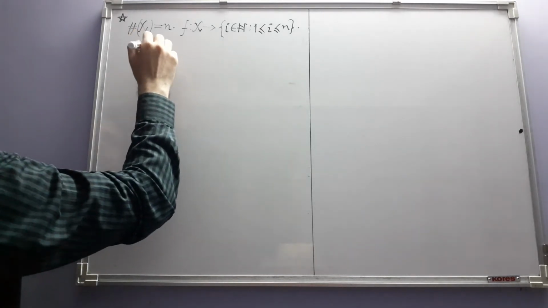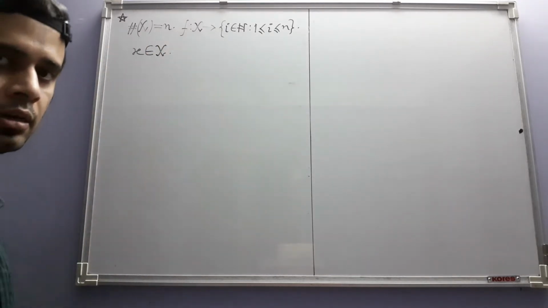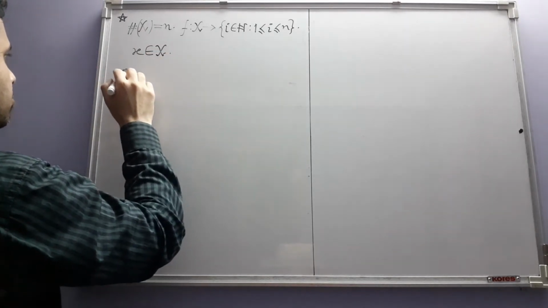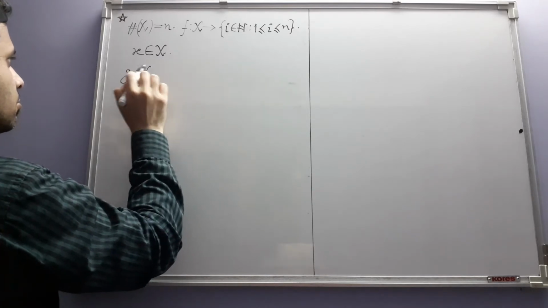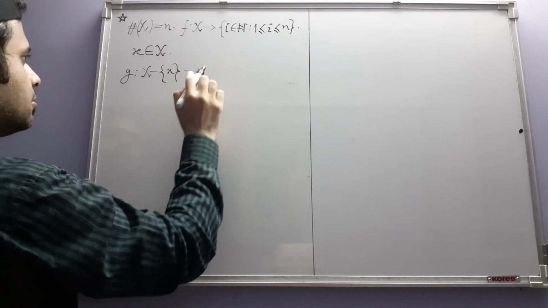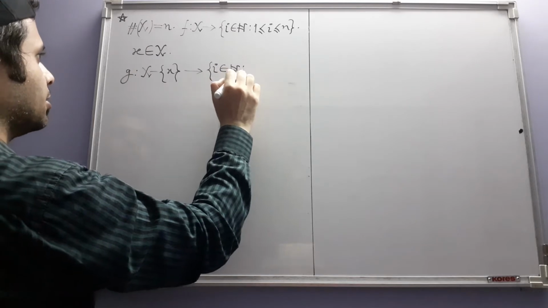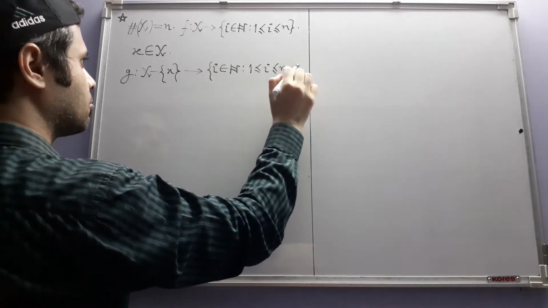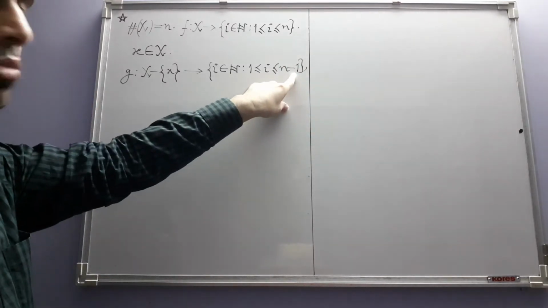So because x is non-empty, there will be some element in x, so we arbitrarily chose an element x in x. Okay, then we defined a function g from the set obtained from x by removing that element into this subset of the natural numbers, where we have already discussed what n-1 means.